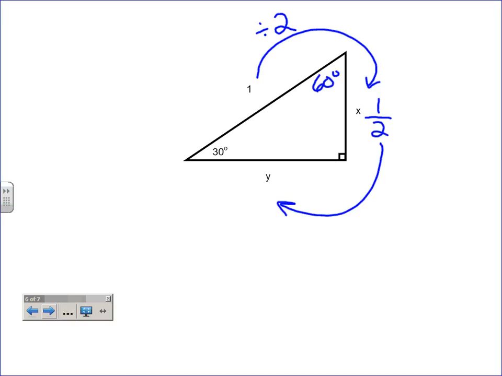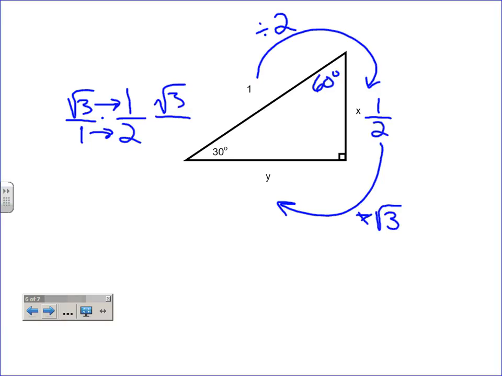Should it get bigger than 1/2? Should it get bigger than 1? No, 1's a hypotenuse. It better not get bigger than 1. We're going to multiply by square root of 3. Well, how do you do that? You got square root of 3 times 1/2. This could be written as square root of 3 over 1, right? So then you go ahead, square root of 3 over 2. Any conjugate needed there? No.